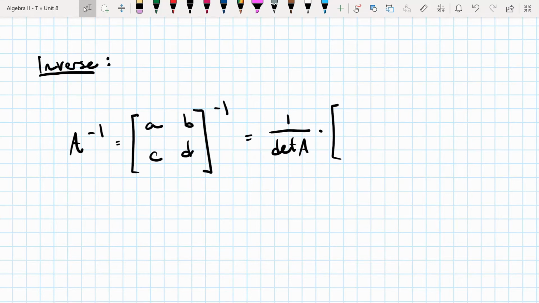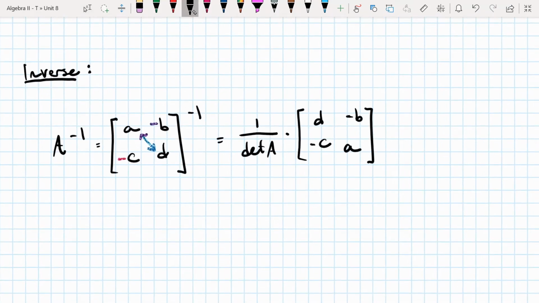We switch the locations of A and D, and then we input negative signs here for C and B. The reason why we do that has something to do with the identity matrix. We won't get too much into that for this video, but this is the process to find the inverse. And then we're just going to evaluate this.